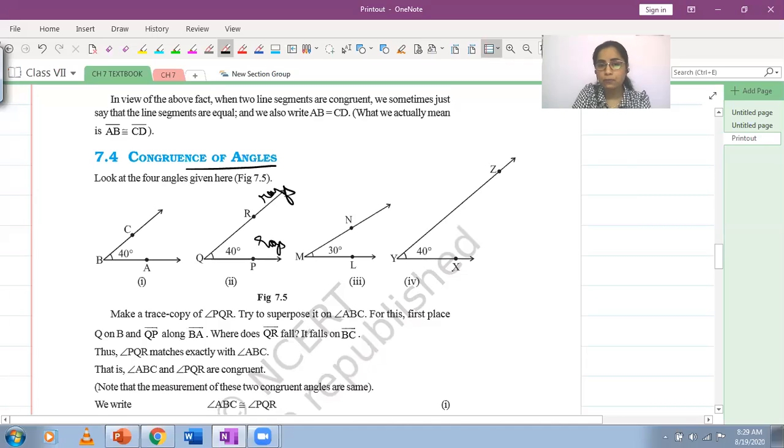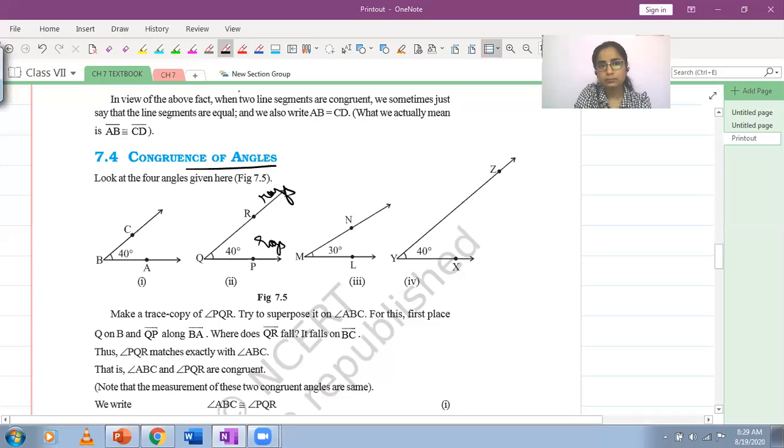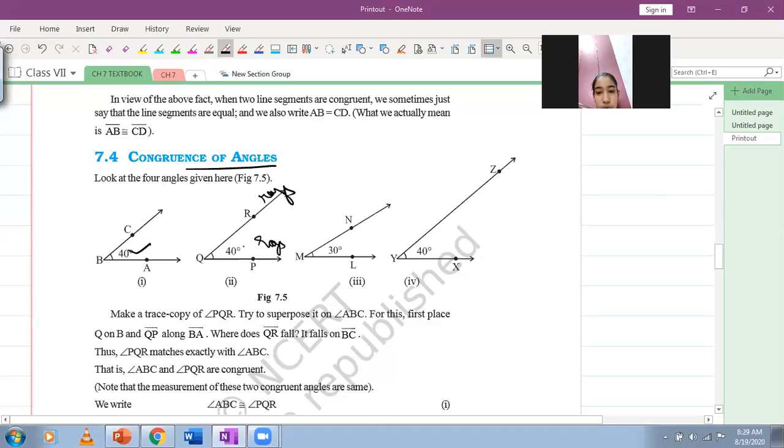Out of these four angles, can you tell me which ones are congruent? Just tell me the number of the figure. The first one is 40 degrees. Second, yes, 40 degrees.